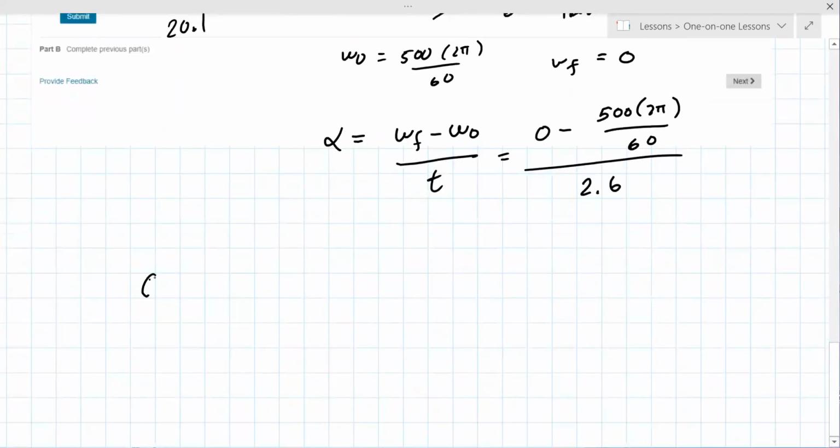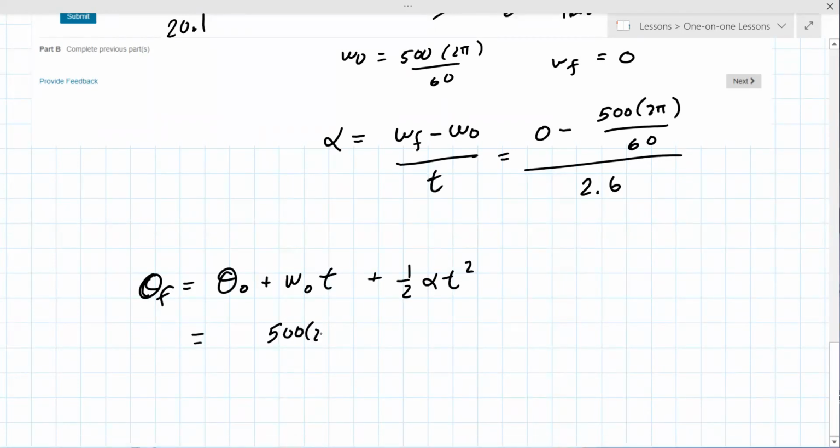It seems like we can go theta final equals theta initial plus omega initial t plus 1/2 alpha t squared. We have these numbers. Omega initial is 500 times 2 pi over 60. We know that time is 2.6, plus 1/2 times the unreduced number that we got for alpha times 2.6 squared.